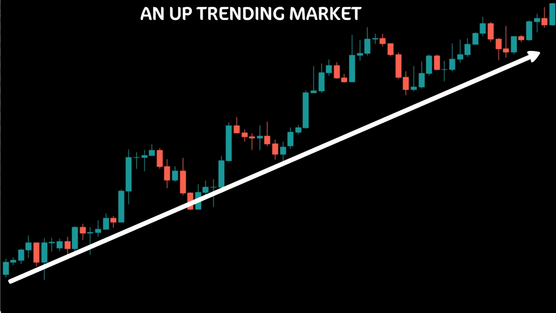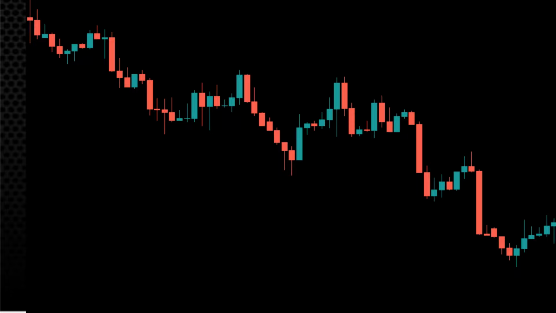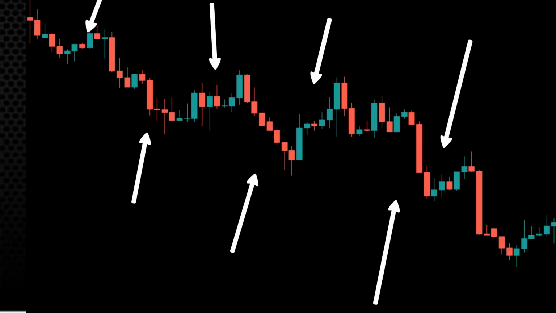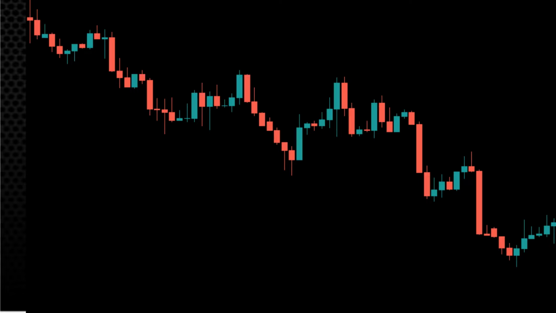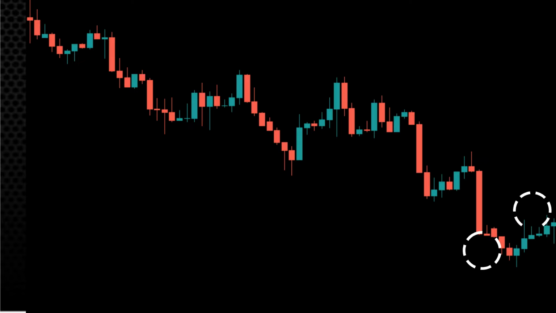So, understanding this, we are going to dive into the next trend, which is a downtrend. Now, a downtrending market keeps its recent swing points lower than the previous ones, and the price will keep moving to the downside as long as the current swing point is lower than the previous ones.